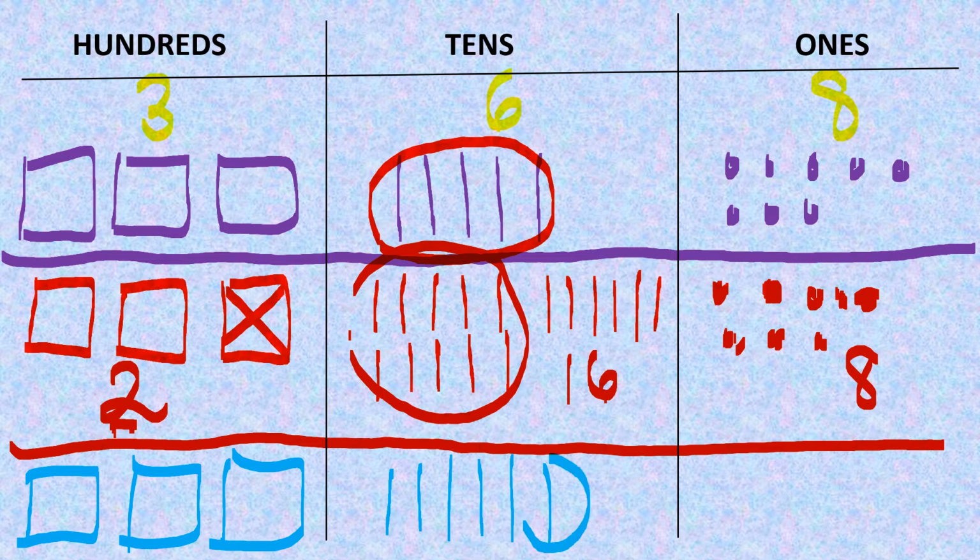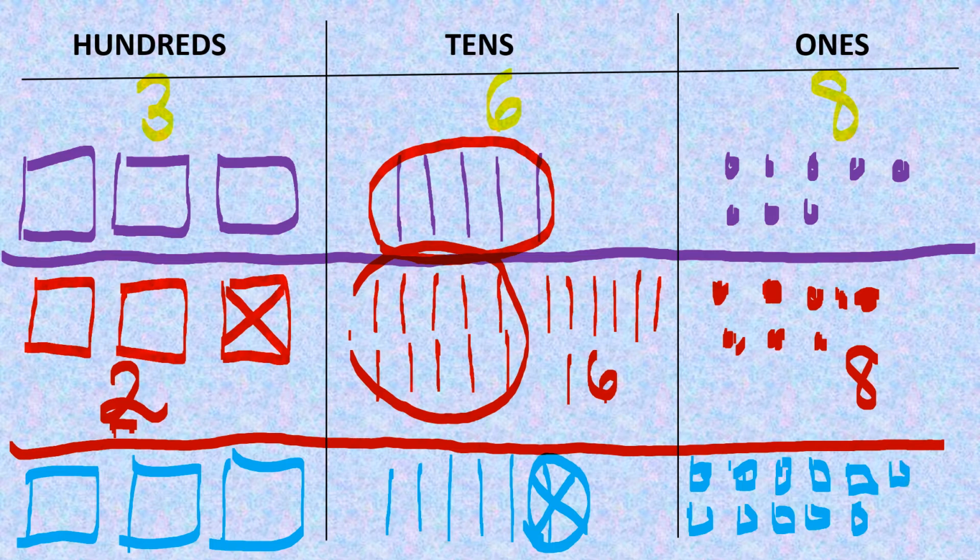So I'm going to take one of those tens and break it apart into 10 ones. 1, 2, 3, 4, 5, 6, 7, 8, 9, 10. I have to do my 8 more. 1, 2, 3, 4, 5, 6, 7, 8. Barely got those on there.